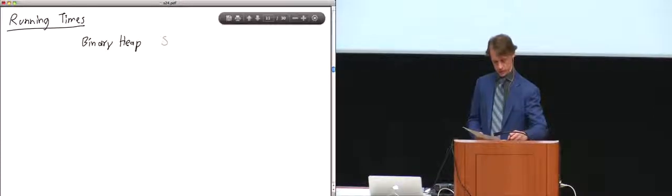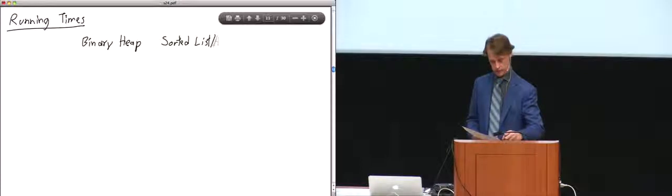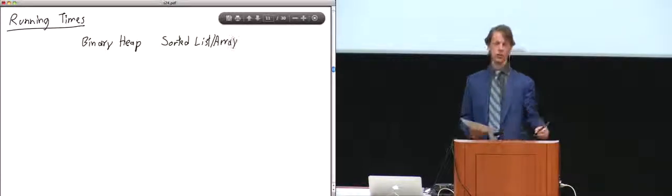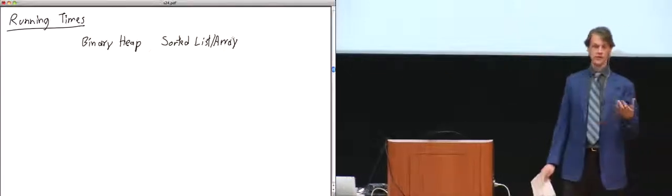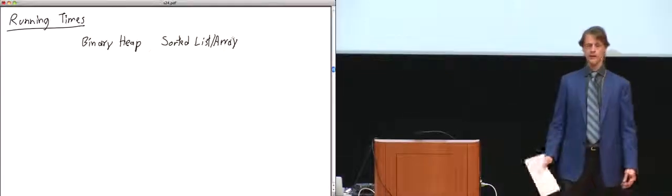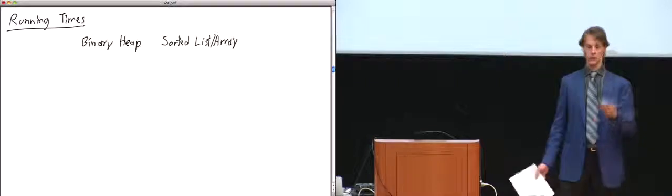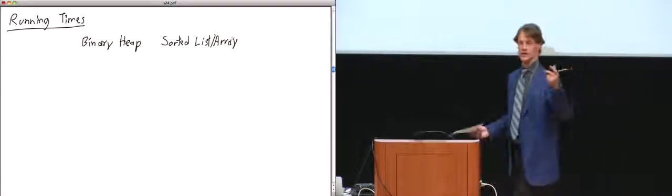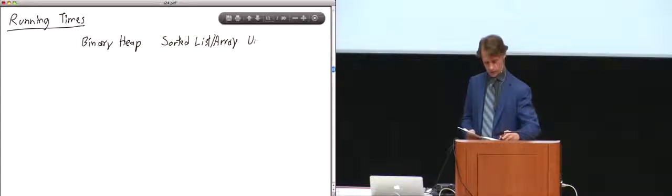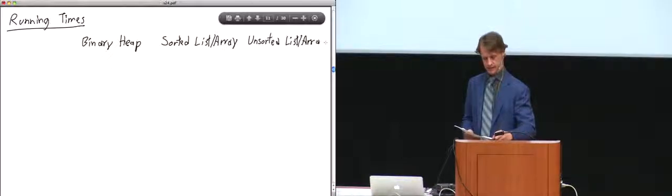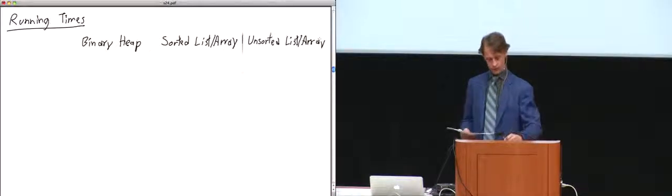You could just use a sorted list or a sorted array to store all of the entries, and then since it's sorted, it's easy to find one with a minimum key. The only difficult part is when you're inserting something new, you have to find the right place to put it in the sorted list. Or you could use an unsorted list, which allows you to insert things really fast, but then you have to spend a while looking for them when you do remove min.